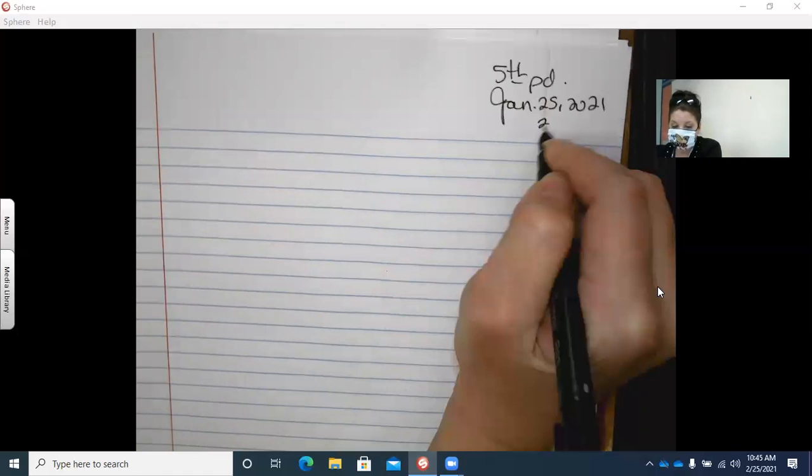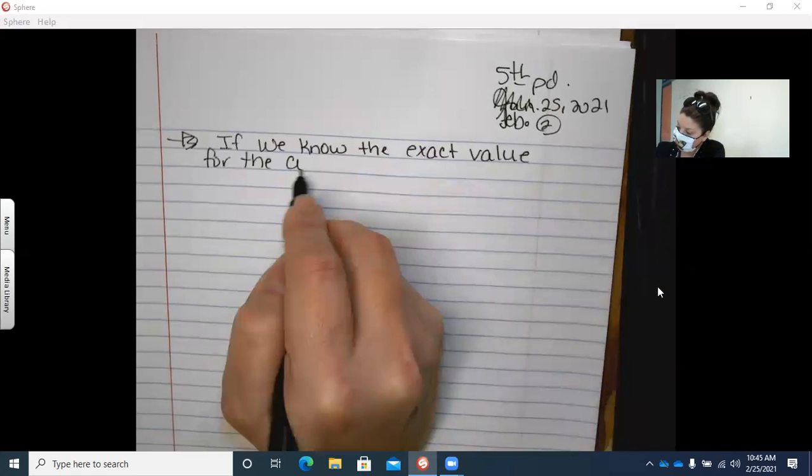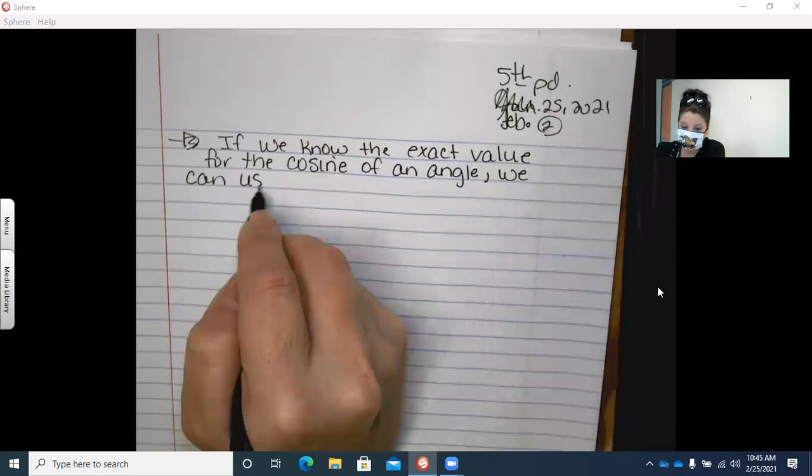All right, if we know the exact value for the cosine of an angle, we can use the half angle formulas to find the exact values of sine, cosine, and tangent.